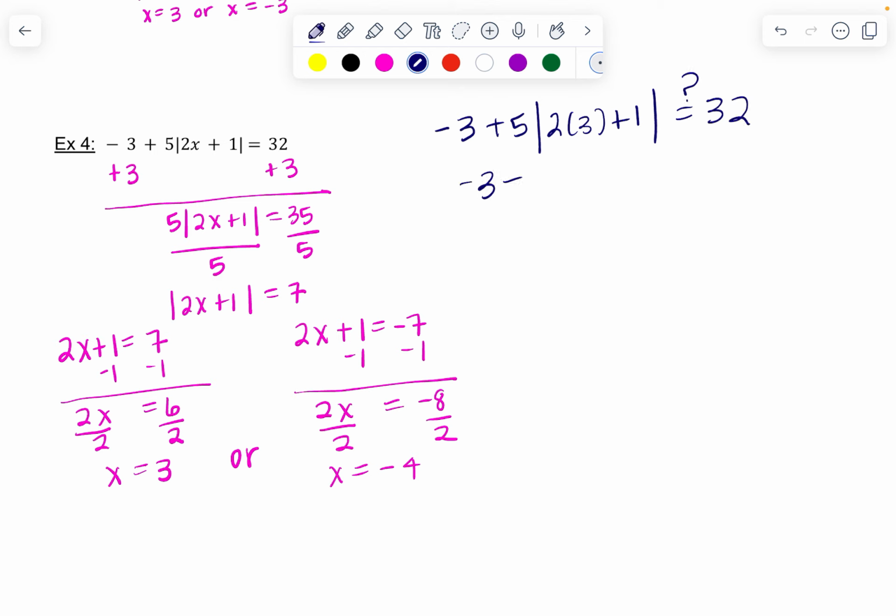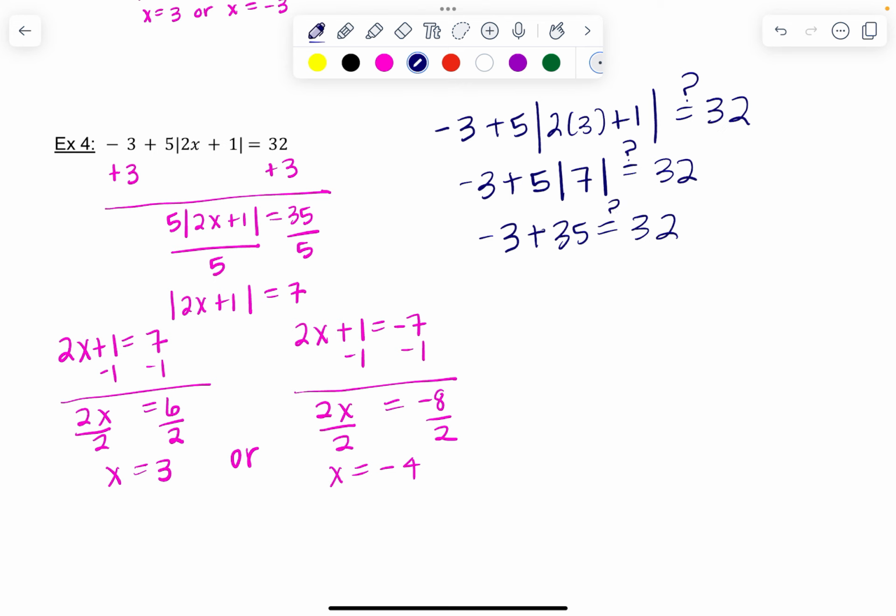So -3 plus 5 times the absolute value of 7. Well, the absolute value of 7 is just 7. So 5 times 7 is 35. And we do get that both sides are equal. So I know that one works.